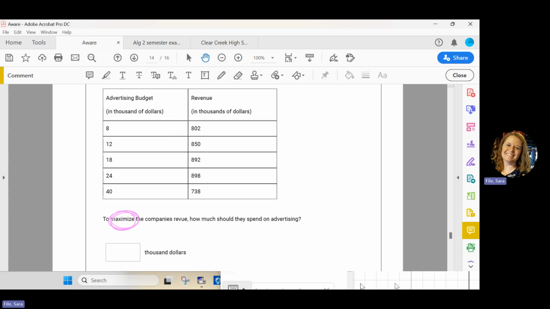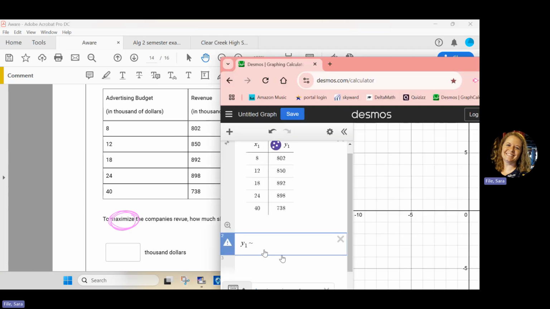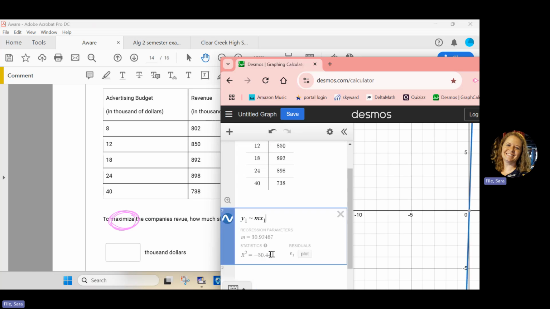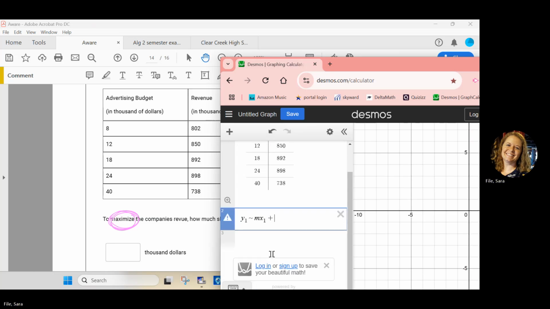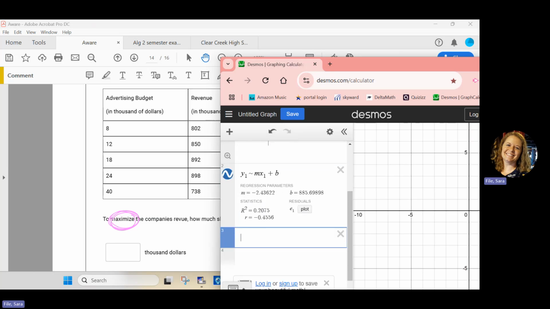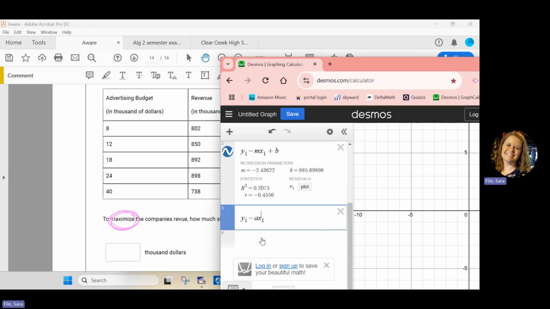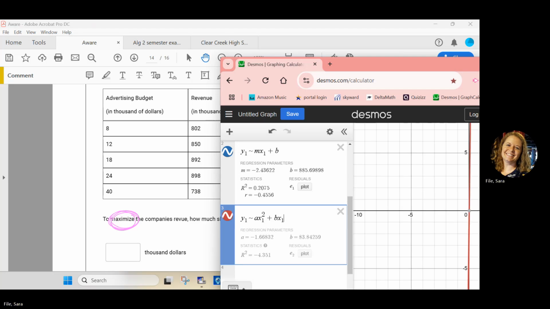So I'm going to remind you, for linear, it's mx1 plus b. And for quadratic, it's the y1 tilde, and then it's standard form: ax1 squared plus bx1 plus c.